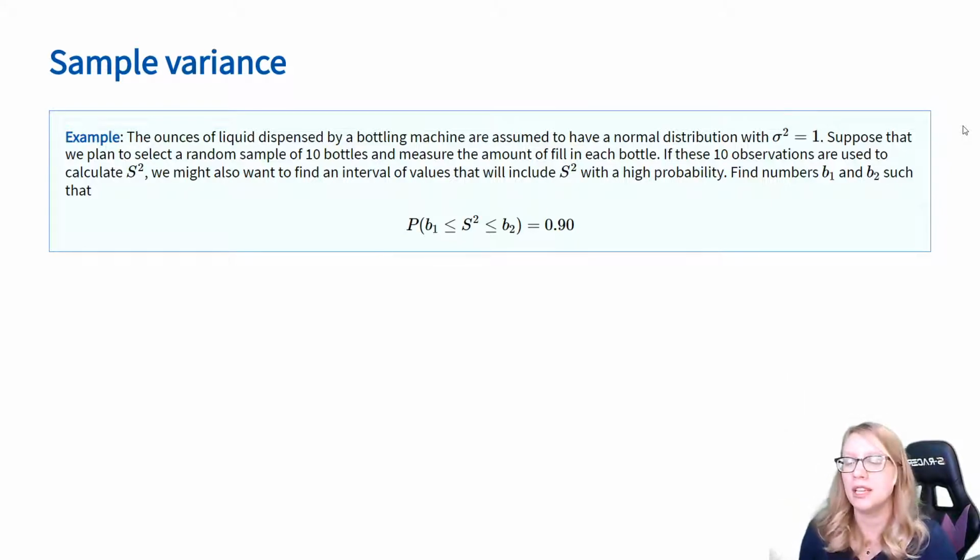Now let's look at something different. We've got 10 observations that are used to calculate s squared, the sample variance. We might want to find a range of values that include the sample variance with high probability. So I might want to find some values, b1 and b2, such that the probability that the sample variance falls into that range is 90%.